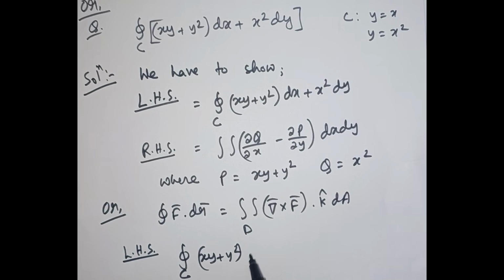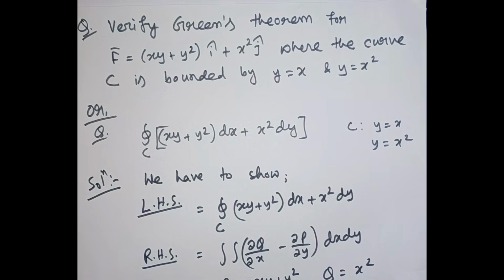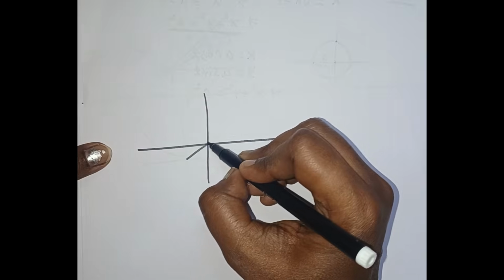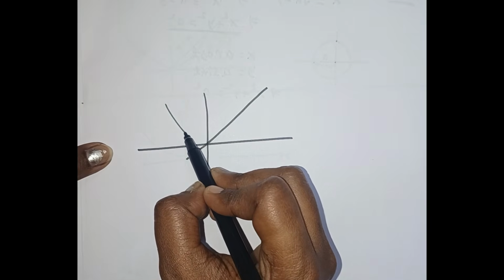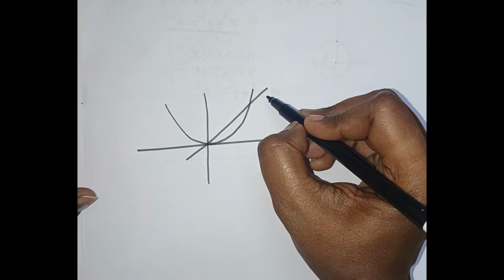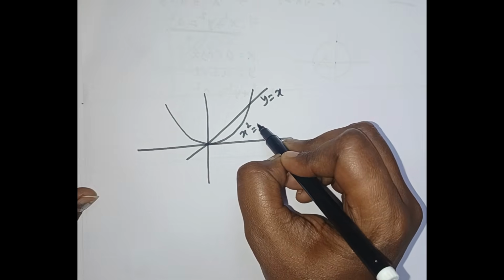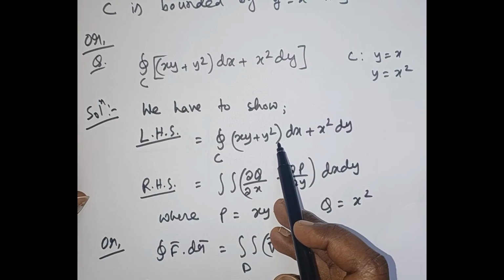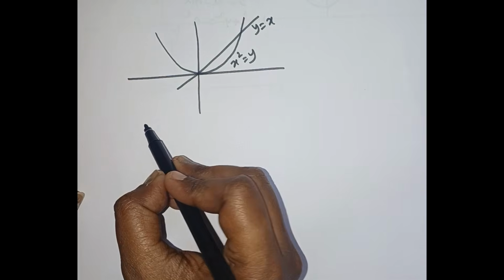So the LHS is the line integral of (xy plus y square) dx plus x square dy, where the curve C is bounded by y equal to x and x square equal to y. So y equal to x is the line passing through the origin, and x square equal to y is the upward parabola. So this is y equal to x and this is x square equal to y. Now C is the curve bounded by these two curves.